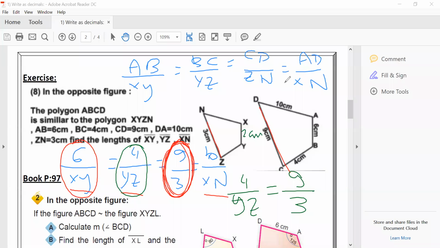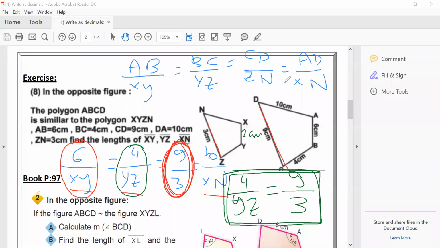Okay, how to get YZ, Omar? 3 multiply 4 over 9, so it will give you 1.333. It's 1.3. So 12 divided by 9. Right.